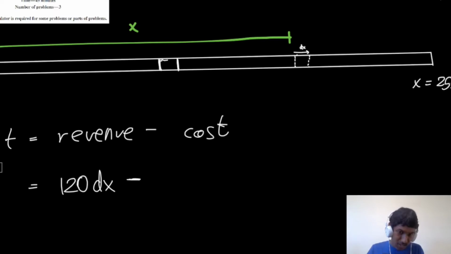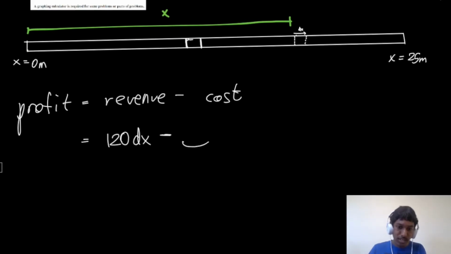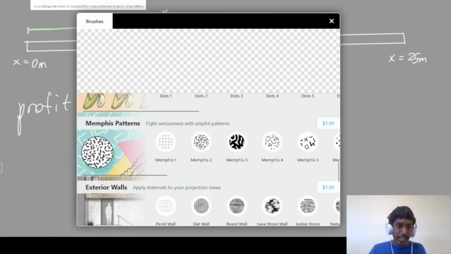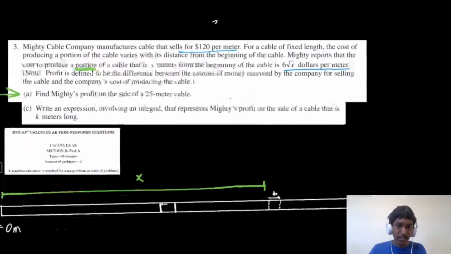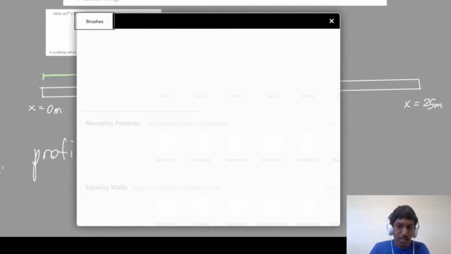Now the cost is going to vary depending on x, where we are from the beginning. And so this expression for cost should have an x in it. And indeed it does, because we're going to be using this 6 root x right here. Well, in the revenue case, it was a constant $120 per meter.